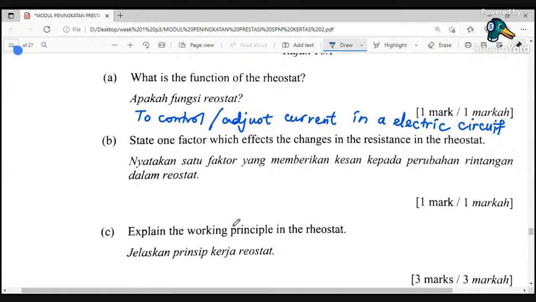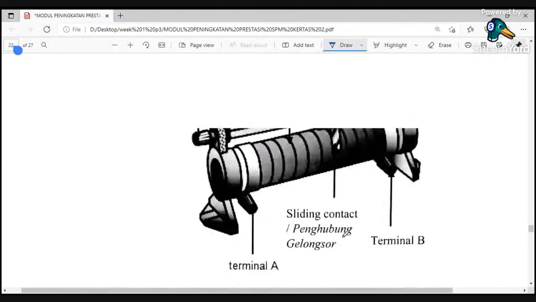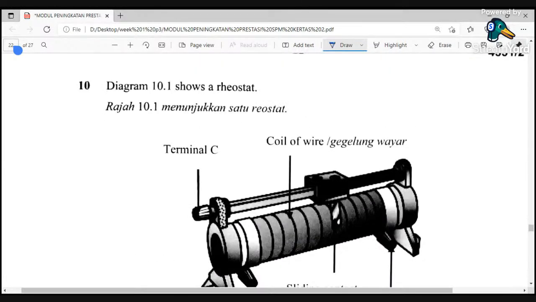State one factor which affects the changes in resistance. For a rheostat, when you connect the wire, normally you will connect here. This one represents terminal C, the slider, this part. And this one you can see is the coil of wire.